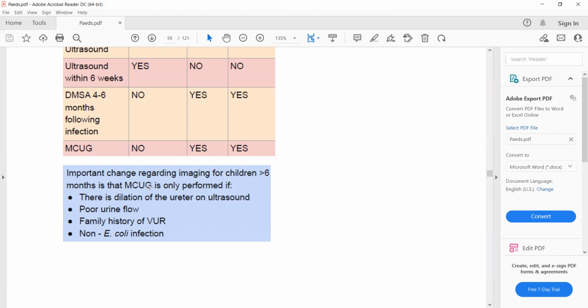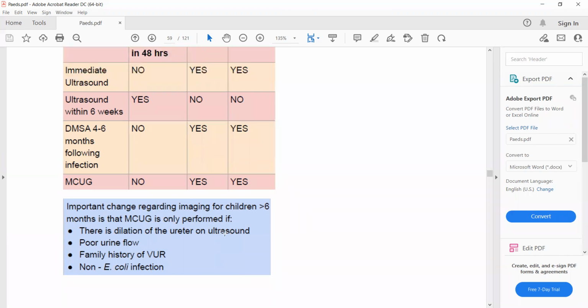If the suspicion of vesico-ureteric reflux is very high, that is dilatation of the ureter on ultrasound, poor urine flow, or family history of VUR or non-E. coli infection, then it can be done in children who are above 6 months, because then it would be more beneficial to diagnose this vesico-ureteric reflux disease so that it can be managed. So this is the only indication of MCUG in children above 6 months of age, that is high suspicion of vesico-ureteric reflux.